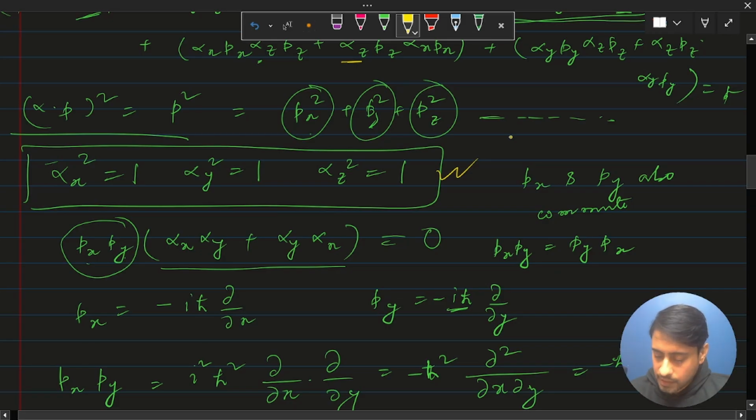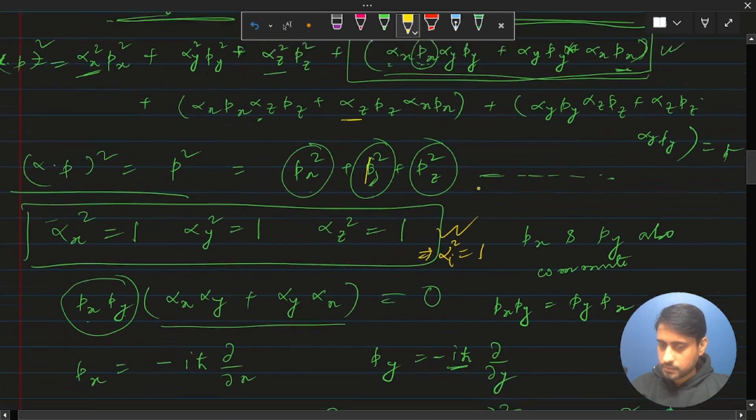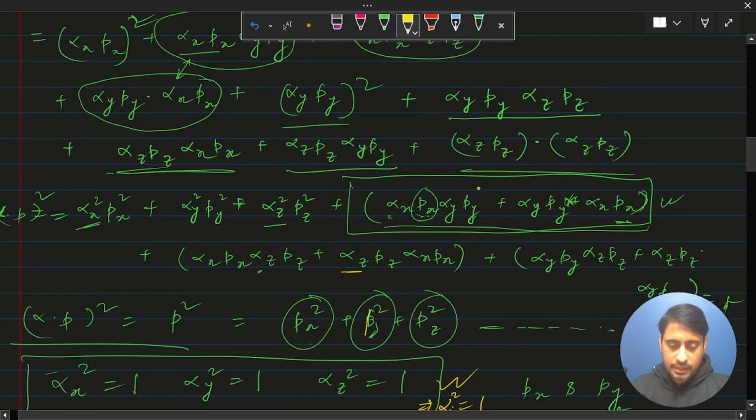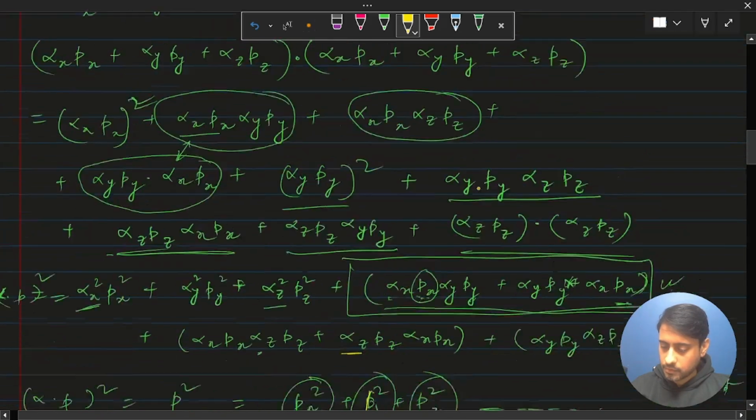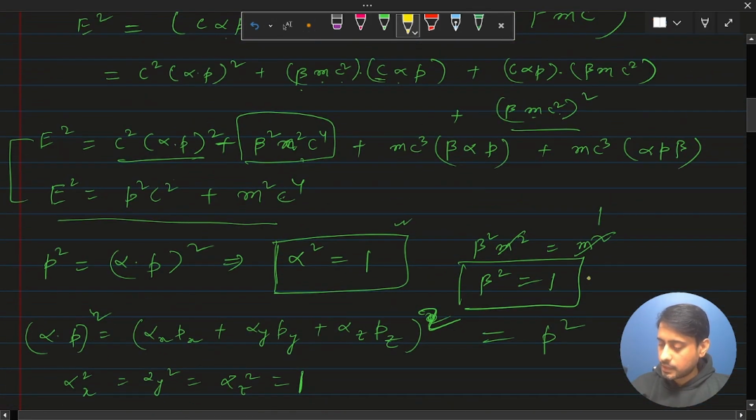We have already arrived at this. So alpha i square is 1. And also we have seen that beta square, if you go somewhat back, you can see that beta square here, and this beta square is also 1.